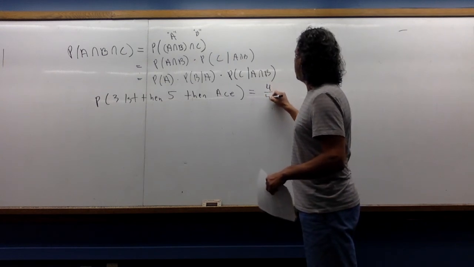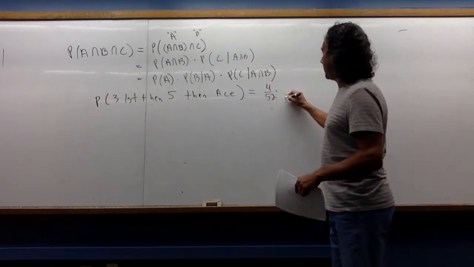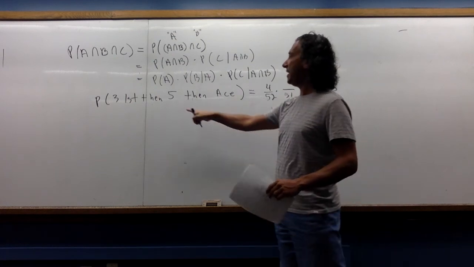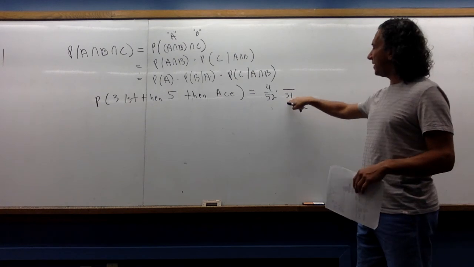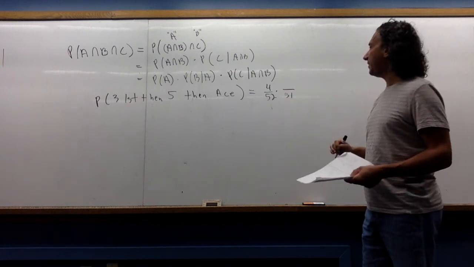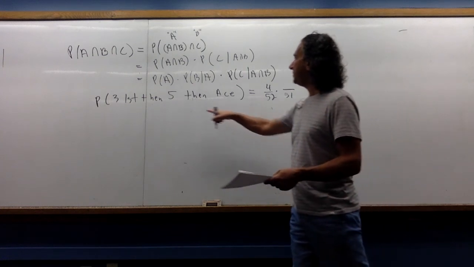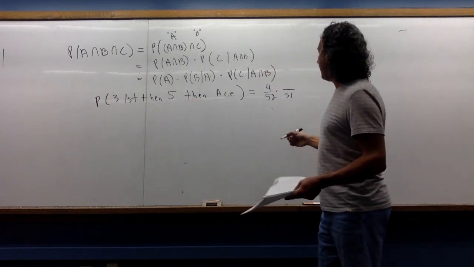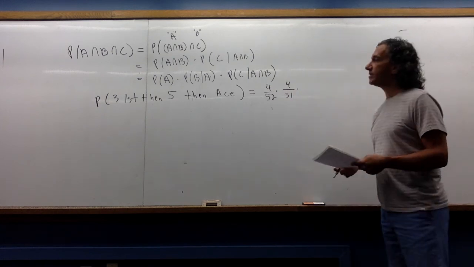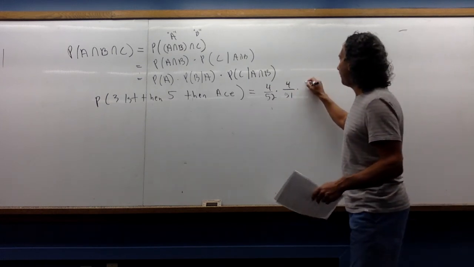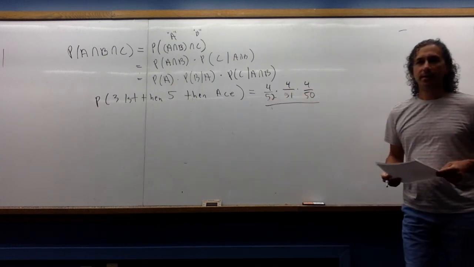I guess that's 4 out of 52. Then I've got 51 cards left. Sorry, I should have said with replacement. But if you weren't thinking with replacement, you just have a different denominator. You'd have 52. But assuming with replacement, 4 out of 52 times, what's the probability of getting a 5, given that I just picked a 3, 4 out of 51, because there are 4 5s. Then an ace. Well, there are 4 aces and 50 cards left. Boom. You're done.